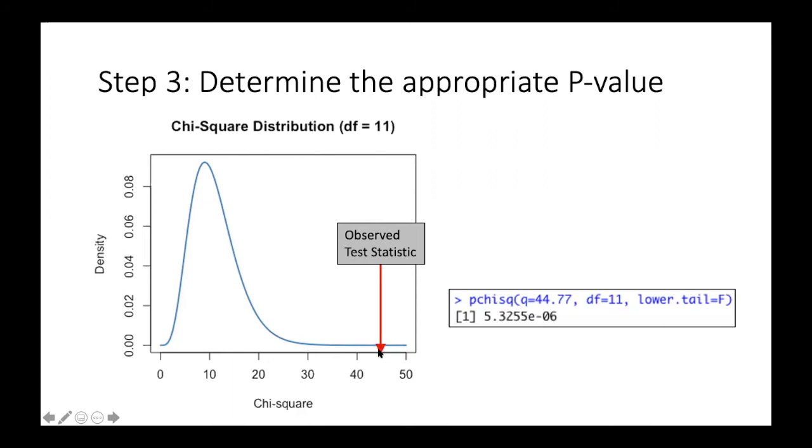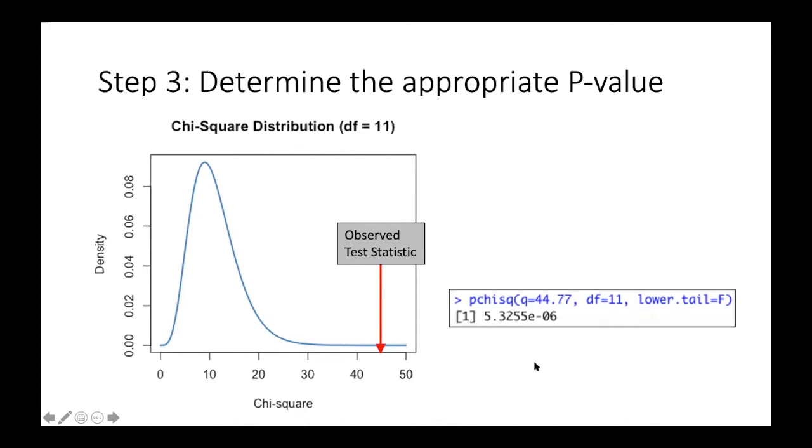But if we wanted to calculate an exact p-value, we could do this in one of two ways. Here I've just indicated some code from R that uses this function called pchisq, where we enter in what our calculated chi-square value is. This is a q. Okay, we specify the degrees of freedom, and we specify that we don't want the lower tail of the distribution.